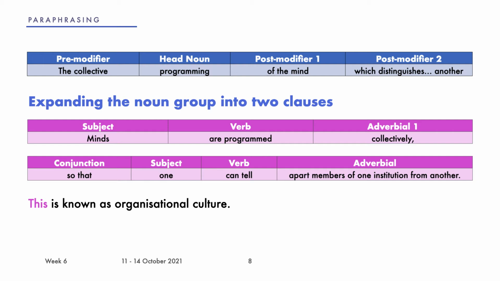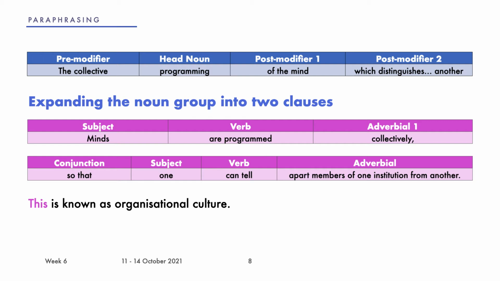In this case, collective as an adjective has to be changed into an adverb. Because in the original noun group, programming as a noun is modified by an adjective, collective, but in order to adjust the meaning of the verb programmed, you have to use an adverb.